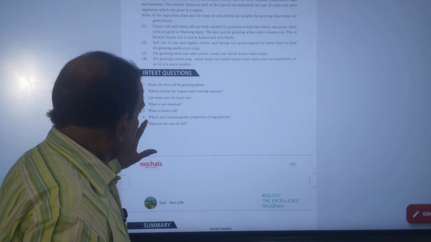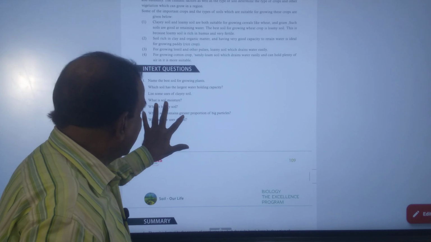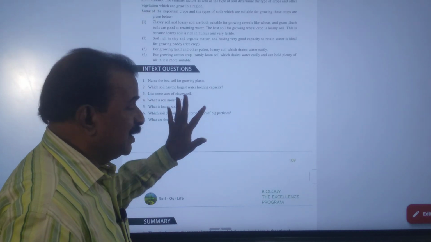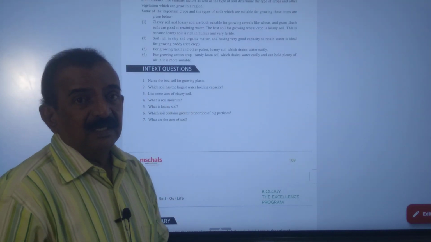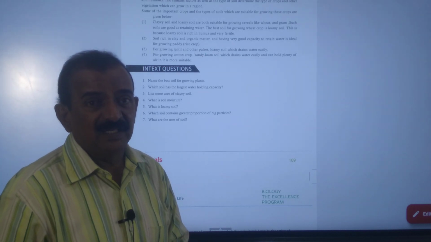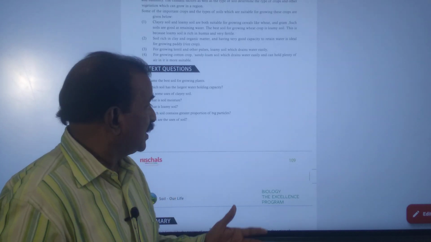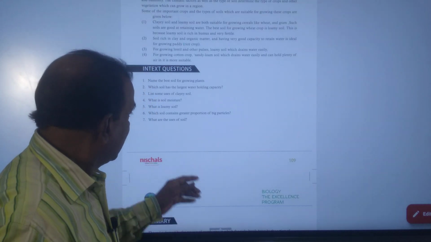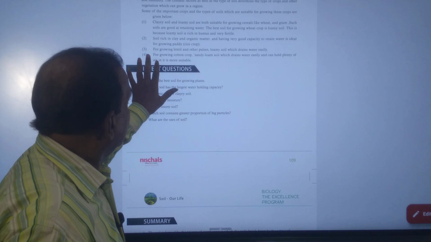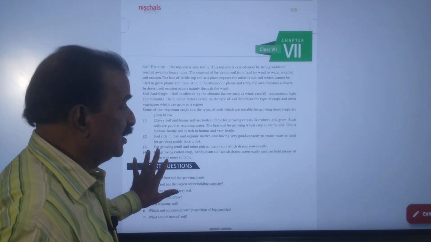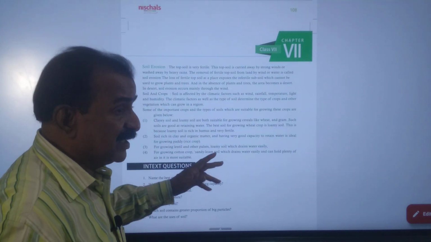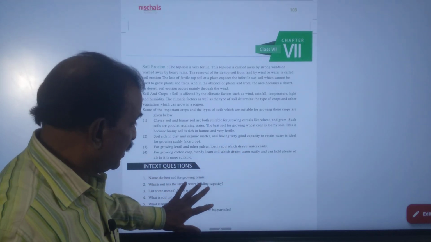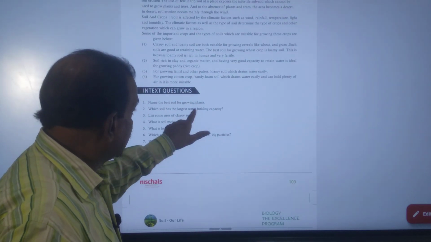Next, which soil contains a greater proportion of big particles? Sandy soil. It consists of more big particles, and its water holding capacity is also less. And what are the uses of soil? We discussed all these uses, and you may select 1 or 2 points and write them for the answer.